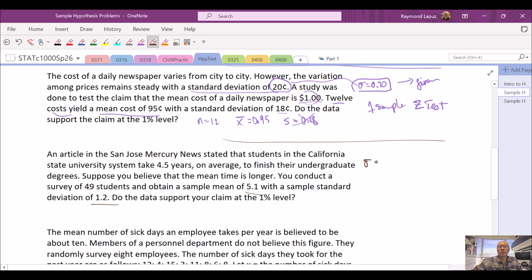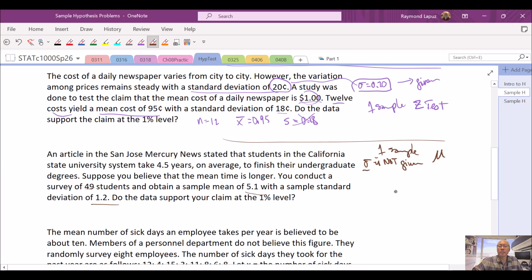So sigma is not given. By the way, this is a one sample test for a mean, and sigma is not given. We don't have to worry about whether the samples are independent or not because there's only one sample, and I think that would be it.